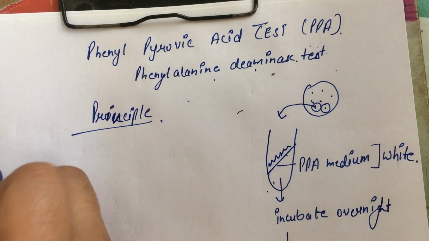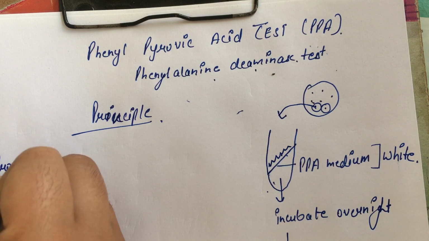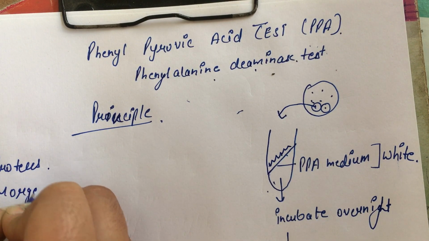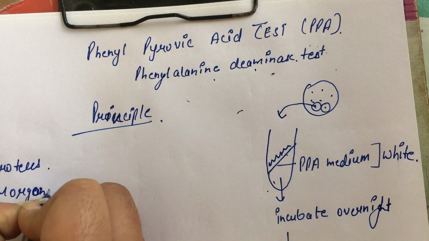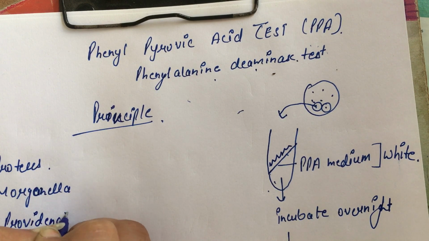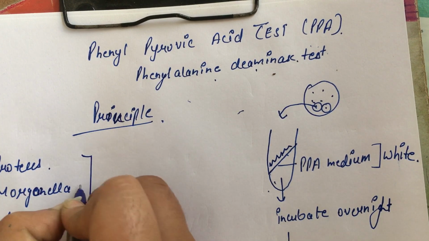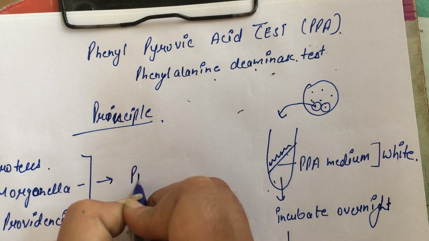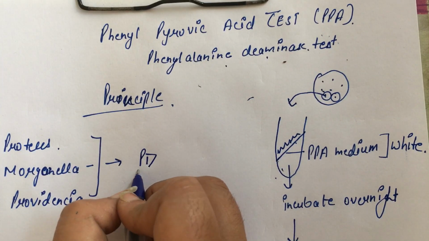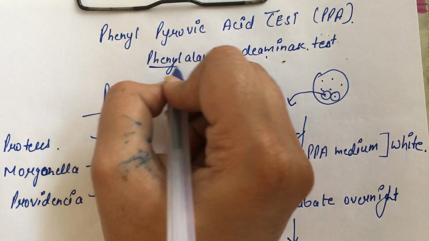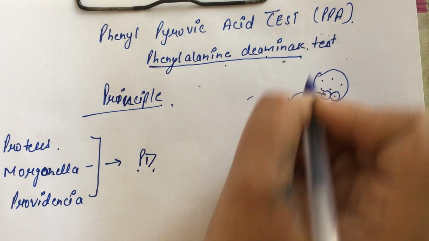There are certain bacteria, for example Proteus, Morganella and Providencia. These bacteria have the ability to produce the phenylalanine deaminase enzyme.